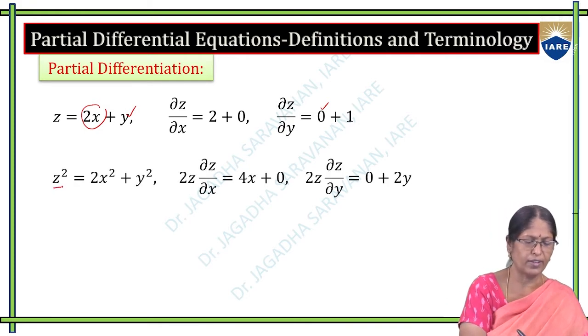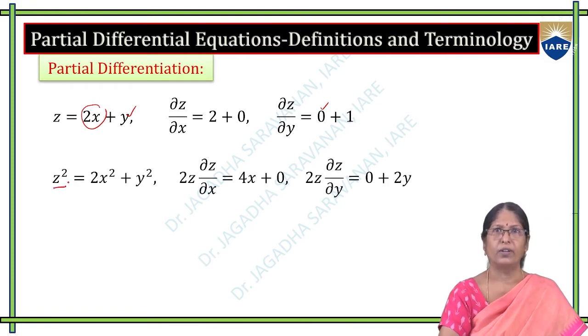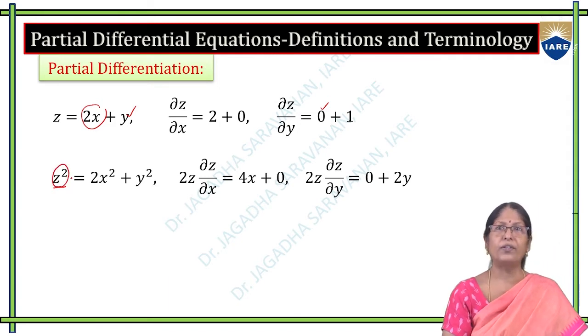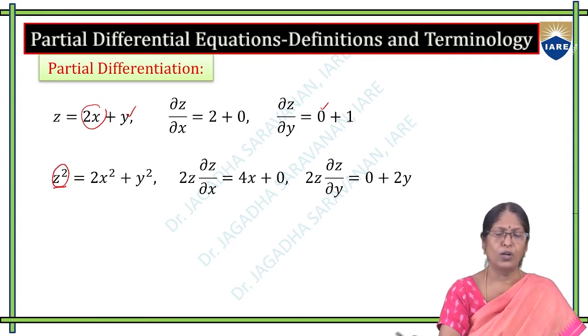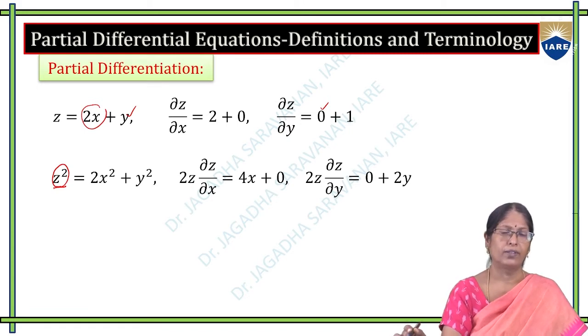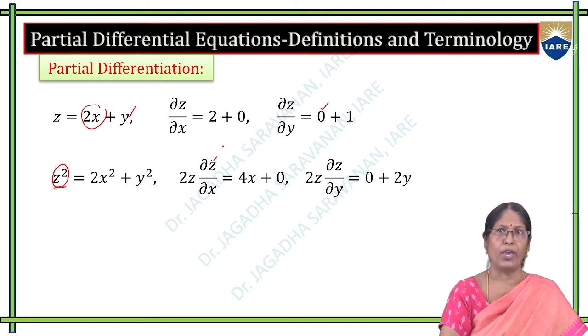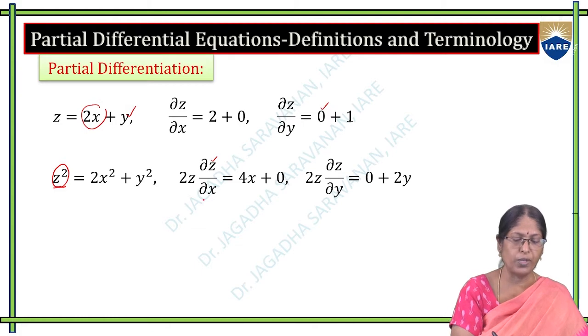Here we can see z square equal to 2x square plus y square. This z square, we will differentiate. 2z, the z is playing the role of the dependent variable, that is the reason z again, dou z by dou x. This point is to be noted.